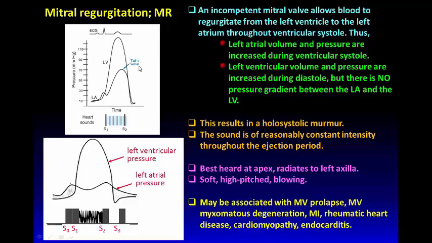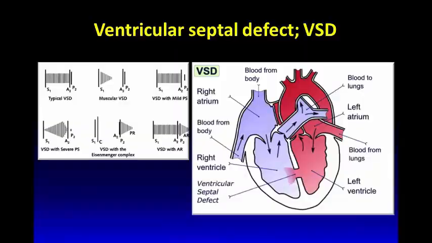Remember, the normal V wave in the atrial pressure curve is because of the accumulation of blood in the atrium. When the regurgitant blood is added to this accumulated blood, it gives a tall V wave, as we described when we described the hemodynamics of mitral regurgitation.